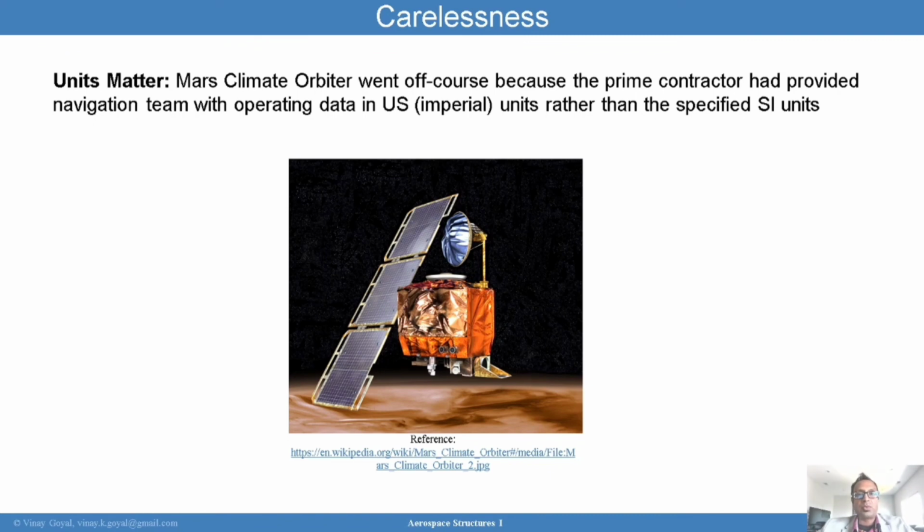As an example, if the temperatures in one area of expertise, the thermal area of expertise, are given in Kelvin, and your analysis accounts for the effects of thermal environments via the coefficient of thermal expansion, you better have that coefficient of thermal expansion in units that are compatible with the other area of expertise.